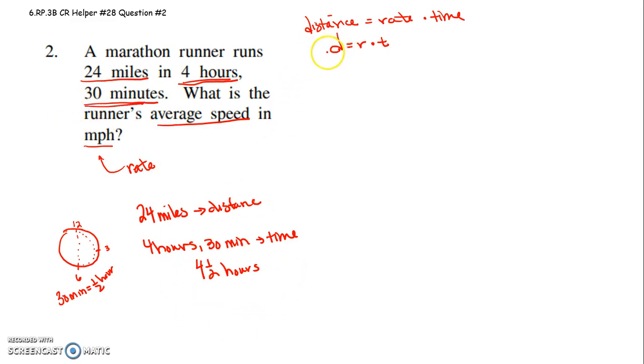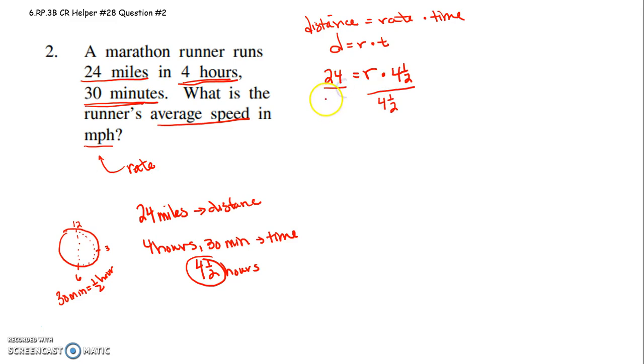Then we'll just substitute into the formula. In place of distance, we'll put 24 miles equals, we don't know our rate, but we know our time. Our time is 4 1/2. So if I'm trying to get my rate, my miles per hour, trying to get R by itself, I'll divide the right-hand side of this equal sign by 4 1/2.